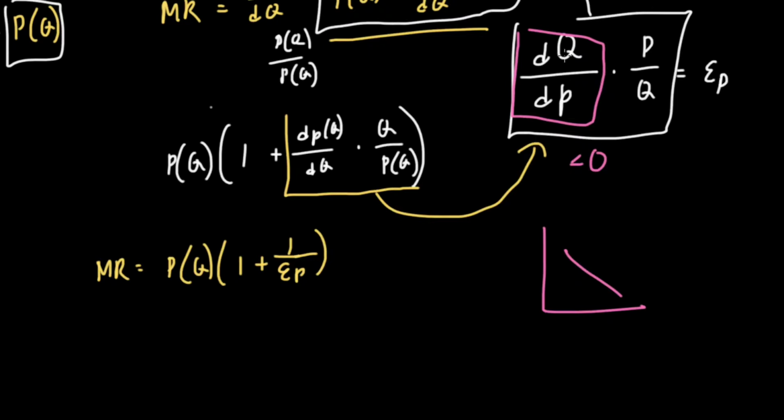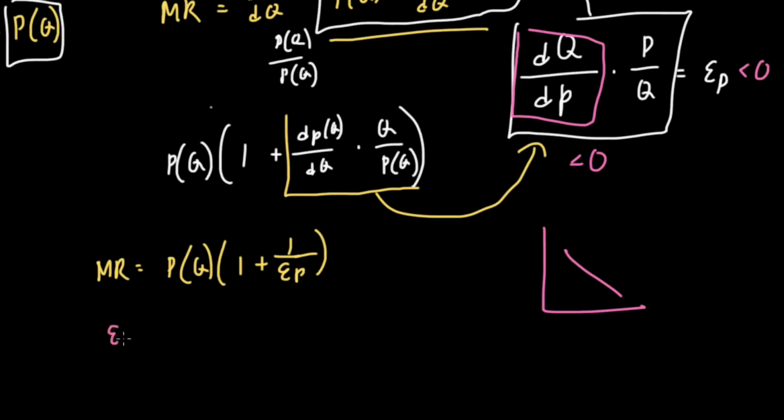And so we know that a negative number multiplied by a positive over a positive number is actually a negative number. So epsilon P here is actually less than 0. Now when we look at this part here, and keep in mind that epsilon P is less than 0, we can write this down.